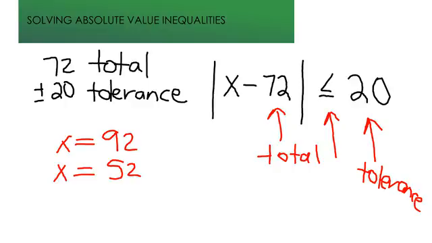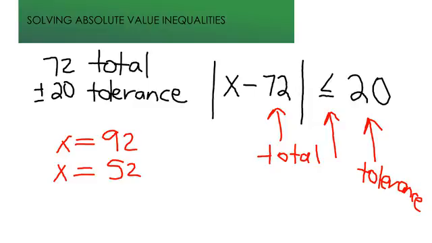The reason why I use the less than symbol is to show that the degree between 72 and 92 is within the allowable temperature, or the degree between 72 and 52 is within the allowable temperature. Okay? So this is the reason why we use absolute value inequalities, to show that a total and a tolerance between that total where we can go up and down.